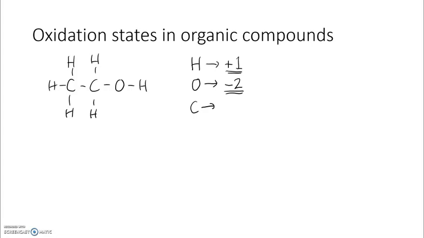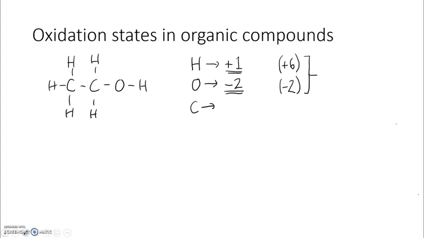Now, we know oxygen and hydrogen's individual oxidation states. For hydrogen, we've got 6 of these. So in total, the total of the oxidation numbers for all of the hydrogens is +6. We've only got 1 oxygen, so that's -2 still. And if we add those together, we get a total oxidation number of +4 here.